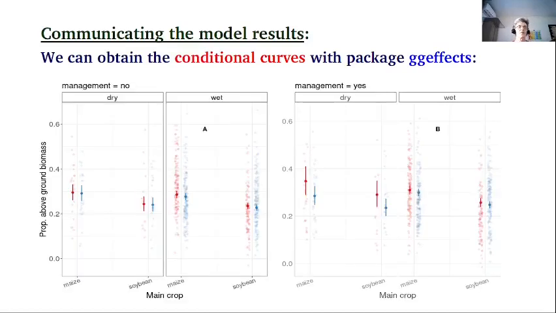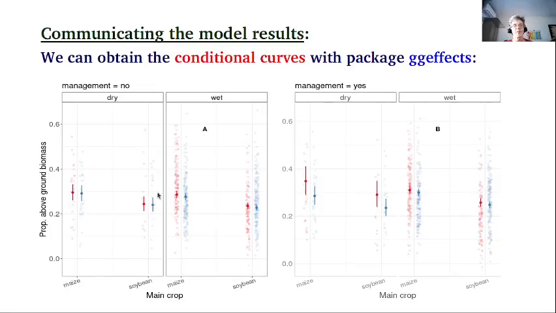The main results can be communicated using the conditional curves. These conditional curves show us the relationship predicted by the model between the explanatory and the response variable. Here we have the 2 years, wet and dry, for no management and for yes management, for the different crops.